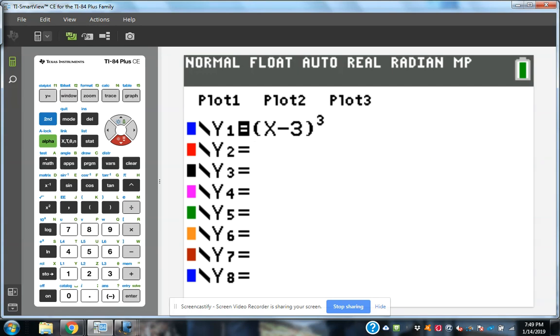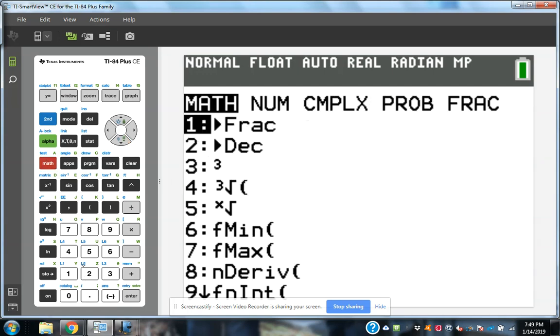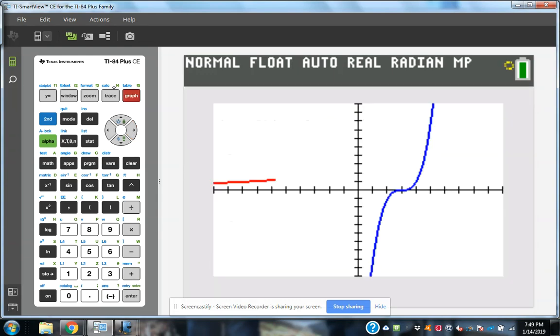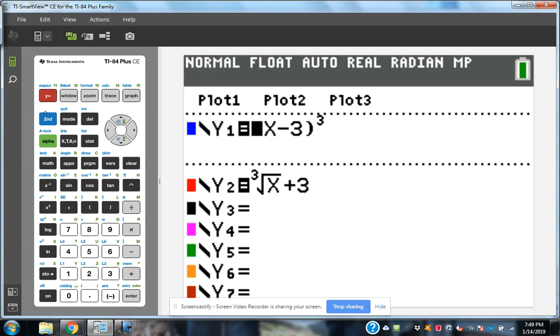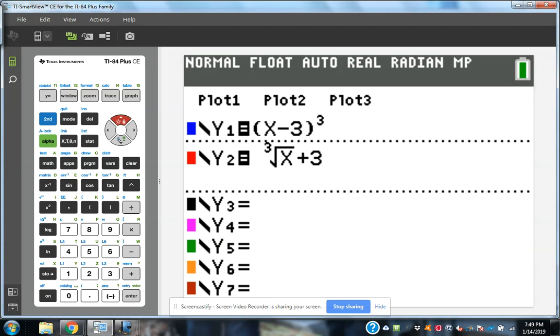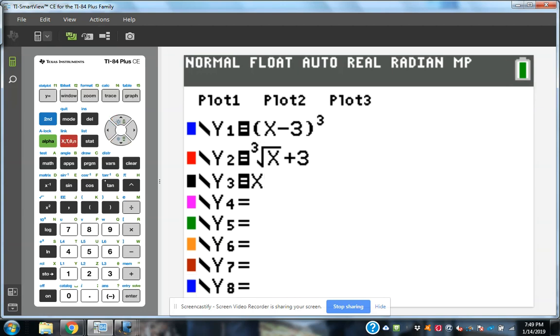To get a cube root, you hit the math button and then number 4. The cube root of x, and I'm going to press the right arrow key to get out from under the cube root, plus 3. I'm going to hit graph. And then on y3, this is going to help me illustrate my point. I'm going to just put an X and hit graph.